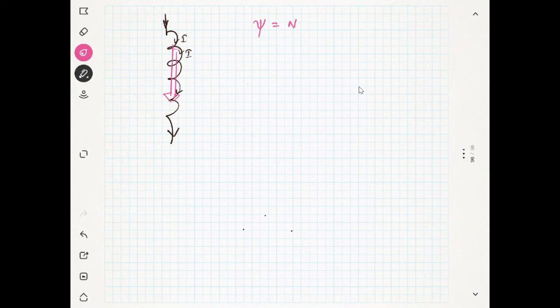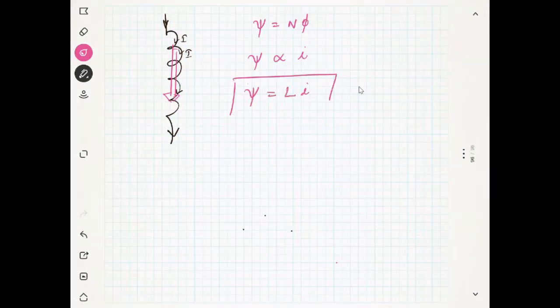You know that psi is equal to N into phi, but this flux we can express in terms of current, as it is proportional to the current, right? If you increase the current, there will be more flux, right? So we can say that psi is equal to some constant into i. That's it. This constant L is known as the inductance.